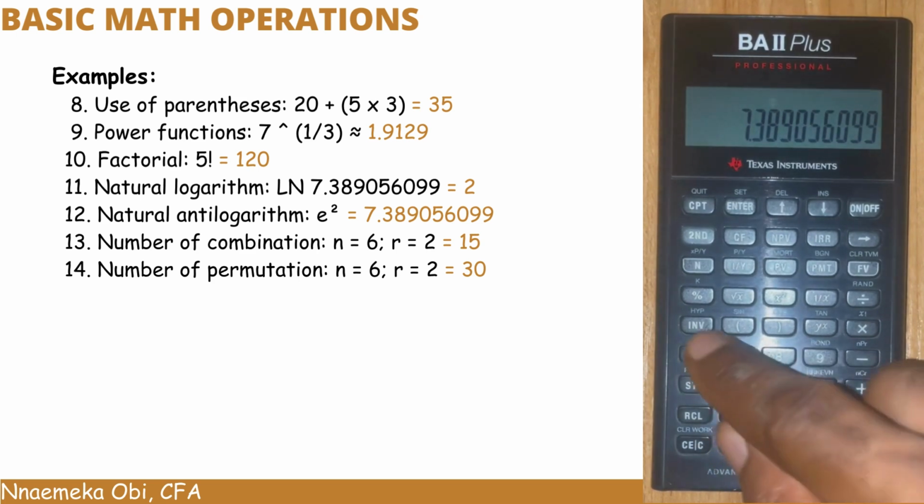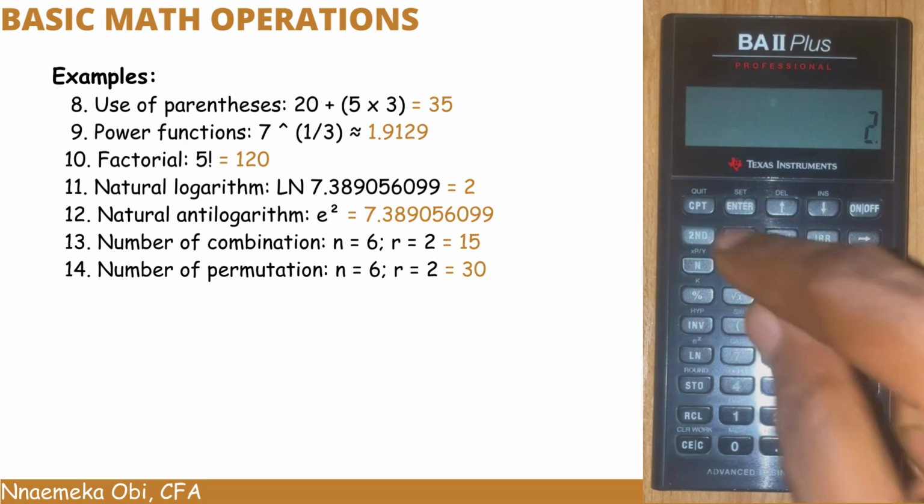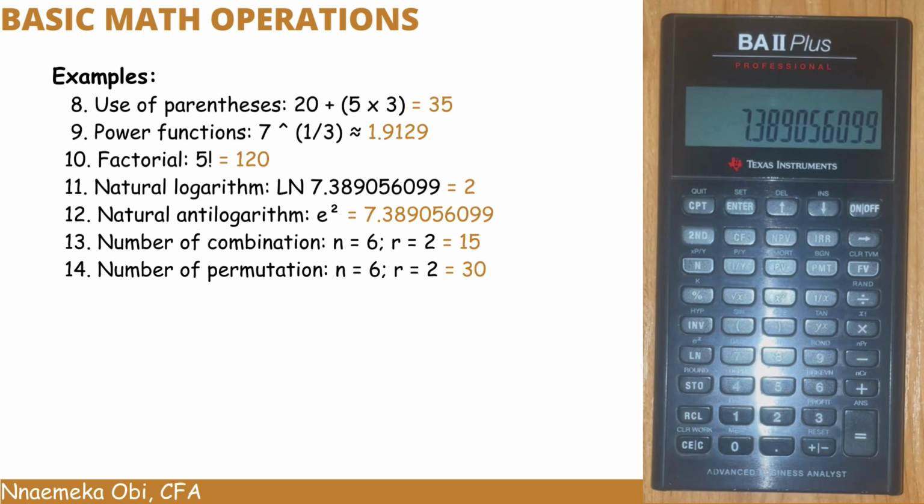So we press ln. If we press ln, we have that the natural logarithm is equal to 2. We can also get the natural anti-logarithm for this number. If we want to get the natural anti-logarithm of 2, we'll press second function, we'll press ln. So we get back that same number.